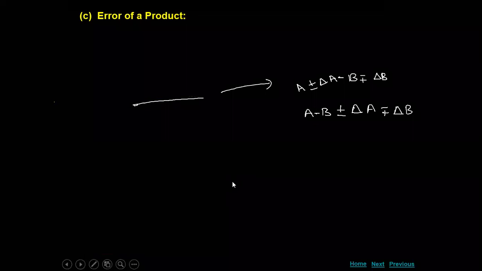Error of the product. Same as previously, we will take two measurements, A and B, but here the multiplication will be taken as Z. In the first case, Z was the addition of those two measurements. In the second case, Z was the subtraction of those two quantities.